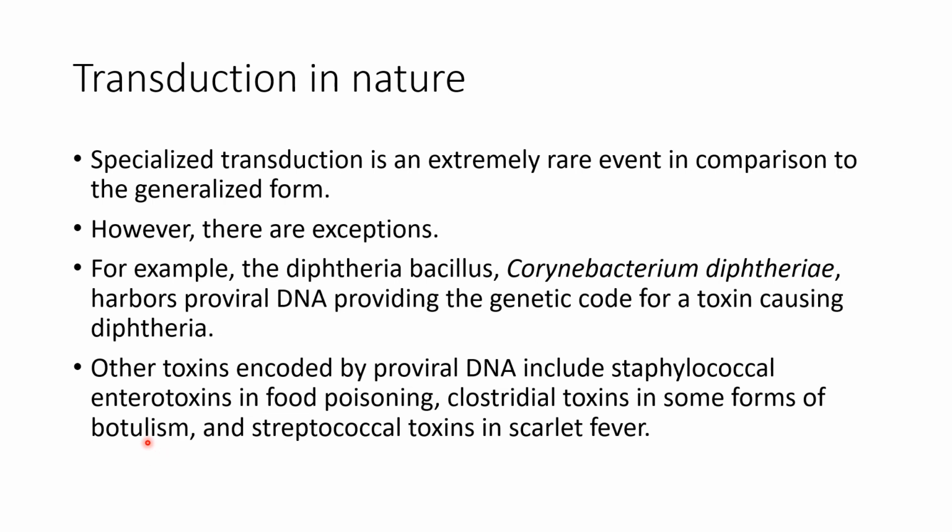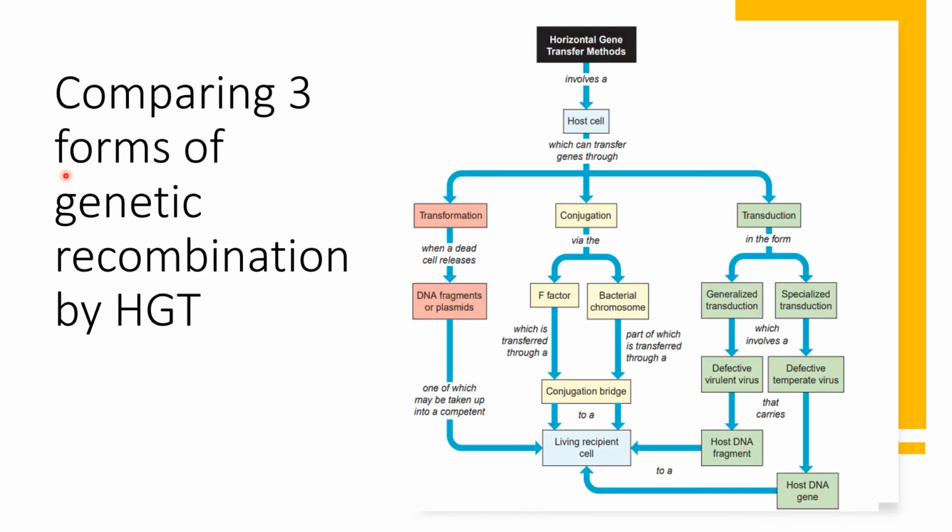So all these toxins are encoded by the prophage DNA that is present in the integrated form in the bacterial cells. So we have seen three different forms of horizontal gene transfer, which is resulting in genetic recombination. Now just compare these three types of horizontal gene transfer, that is transformation, conjugation and transduction.